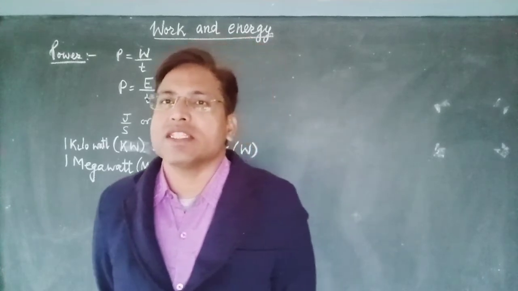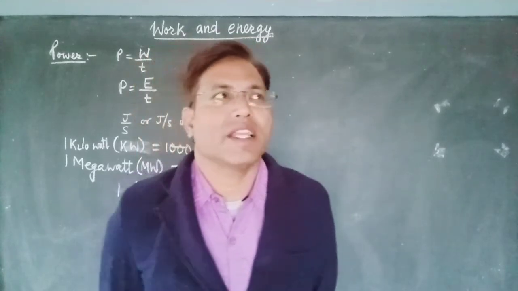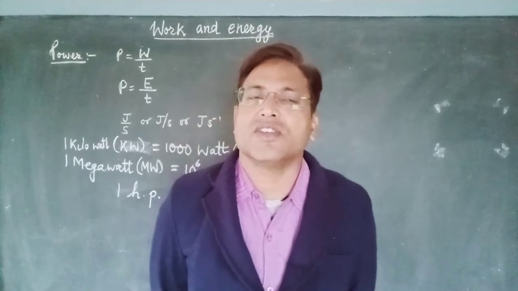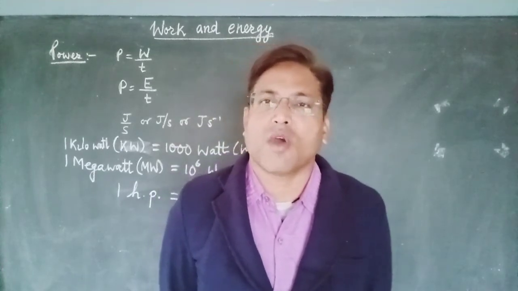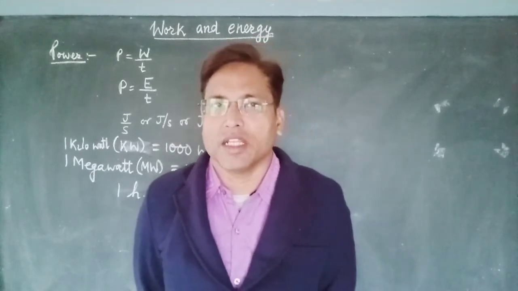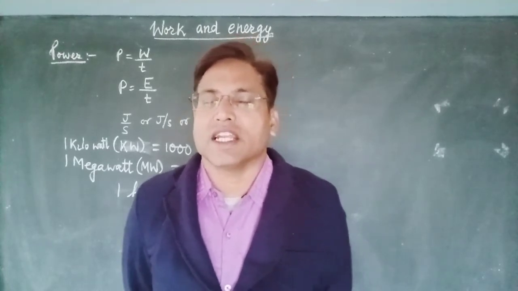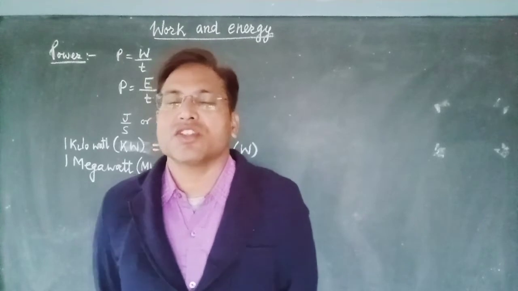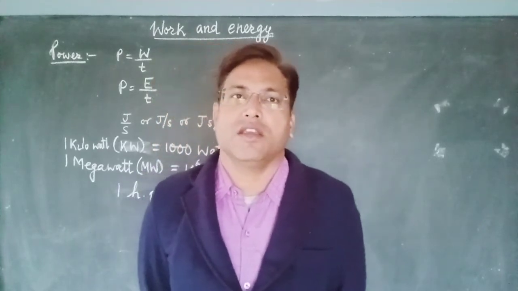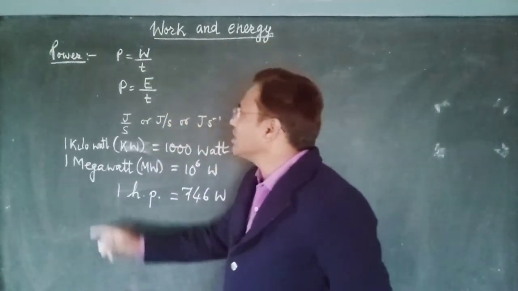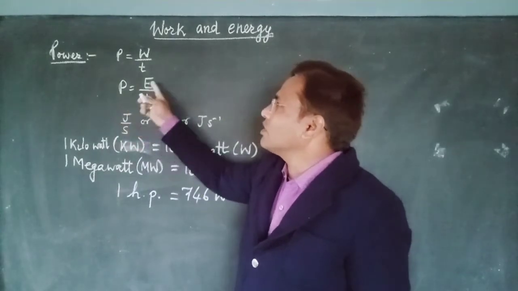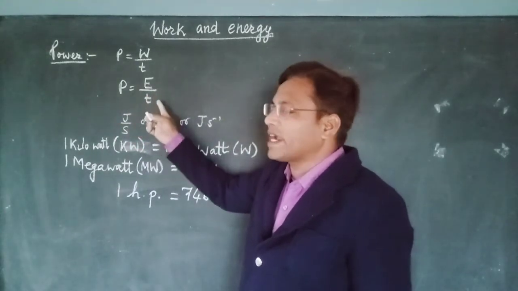Next, what does it mean if we have an electric bulb with 60 watt written on it? It means that the bulb consumes energy at the rate of 60 joule per second, because I told you that power is also equal to energy consumed by time taken.